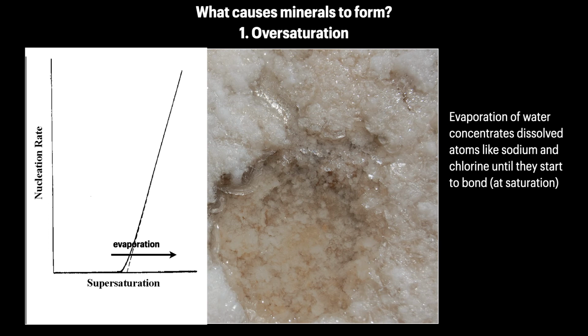That's saturation. Supersaturation happens when you have evaporated off so much material, so much water, let's say, that bonds form so readily that you're crystallizing out lots and lots of salts. So in this case, oversaturation is when you take a liquid and fill it so full of atoms of specific elements that they just start bonding spontaneously.